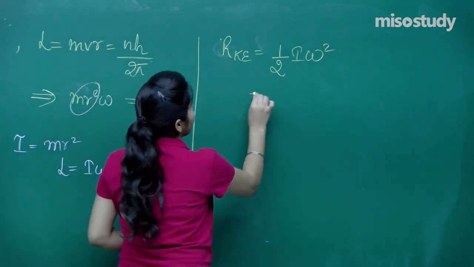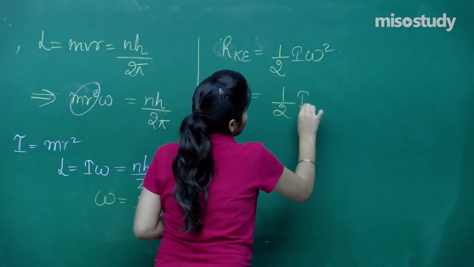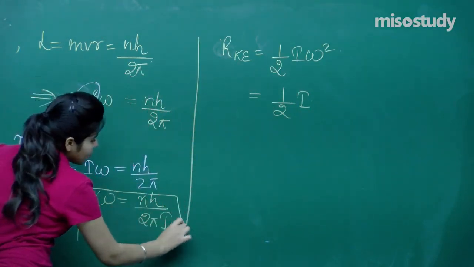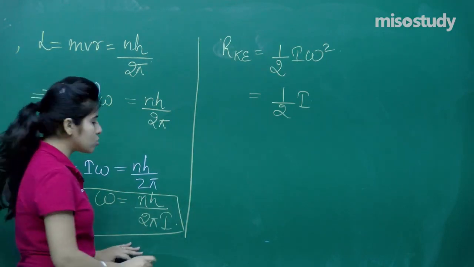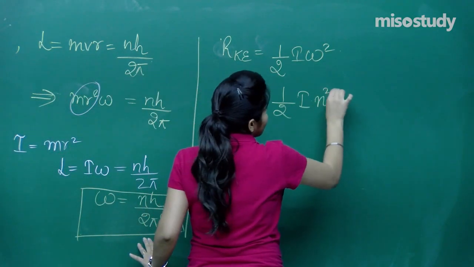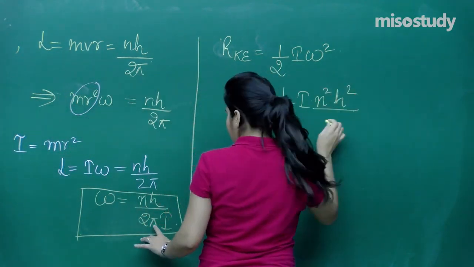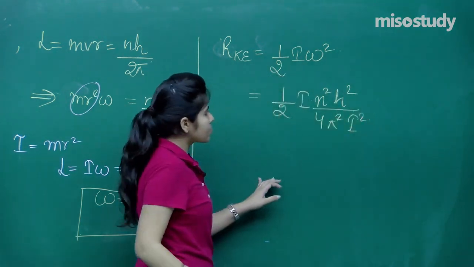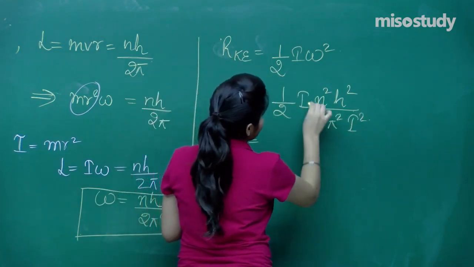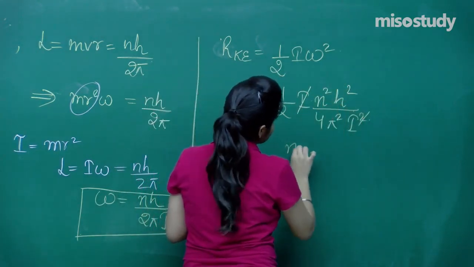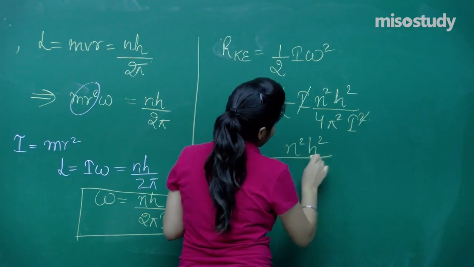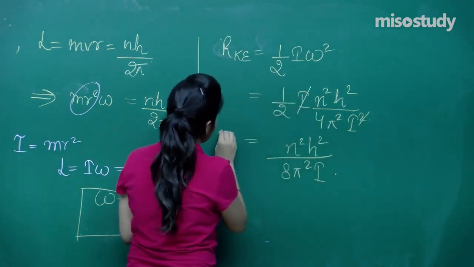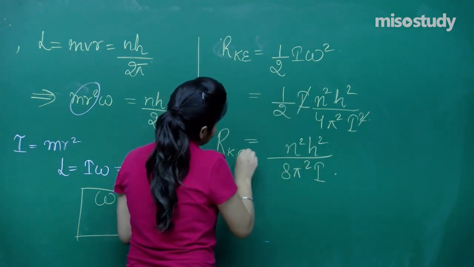So from here I am going to put the value of omega into this. Omega is nothing but nh upon 2 pi I. The value will be n square h square divided by 4 pi square into I square. So this I and I will be cancelled once, n square h square divided by 8 pi square I. This will be the rotational kinetic energy.